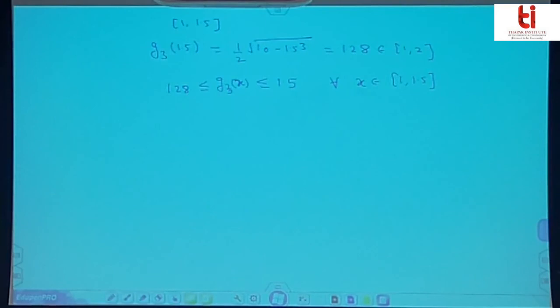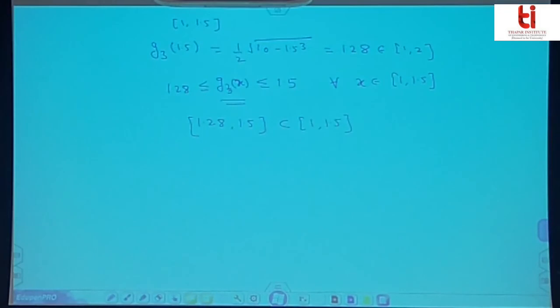So if the interval is 1 to 1.5, then the g3 values lie inside the interval 1 to 1.5. The minimum value of g3(x) is 1.28 and the maximum value is 1.5. So this range lies inside the interval 1 to 1.5.